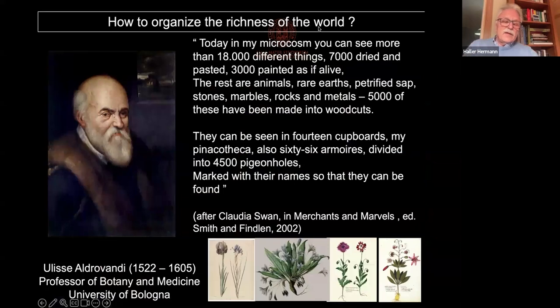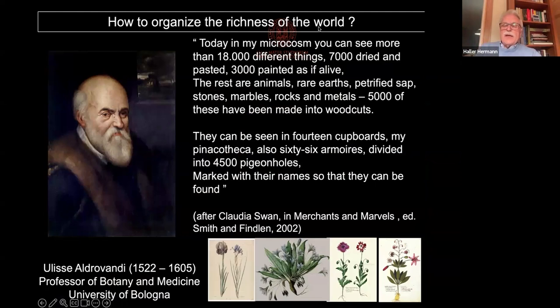You have met this man, Ulisse Aldrovandi, last time already. And we talked about his collection of plants, and we were talking about the drawings. I mentioned this a little bit, but here I'm quoting in his collection 18,000 different things.